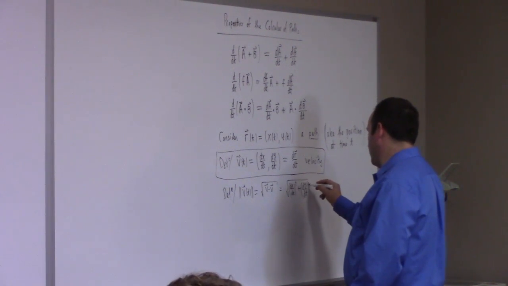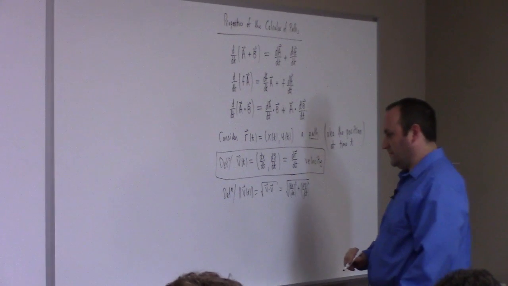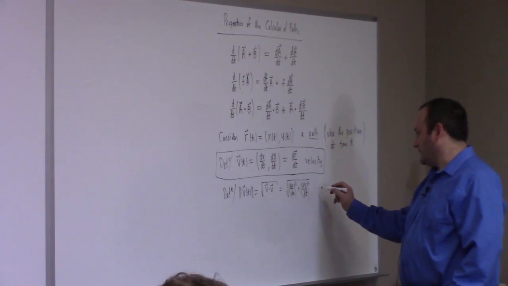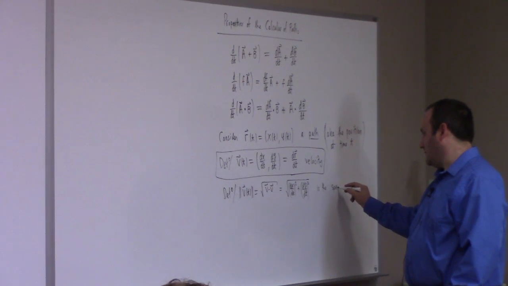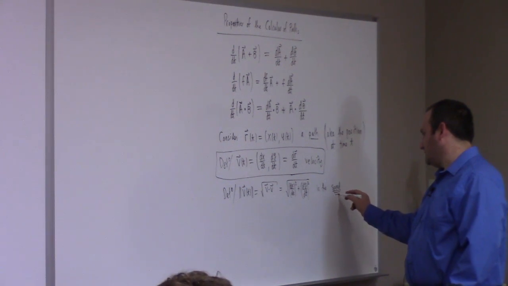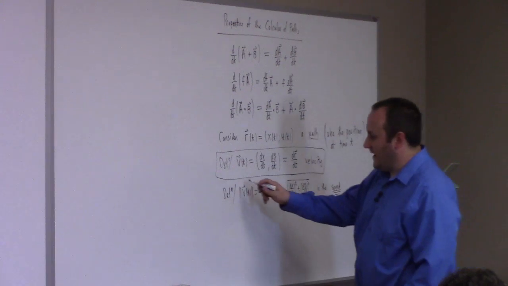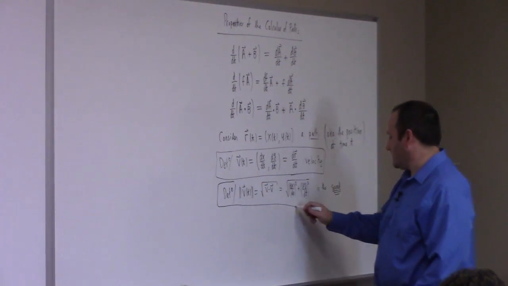That's just the length of the velocity vector. This is called the speed. So the speed is the magnitude of the velocity. The speed is a scalar.